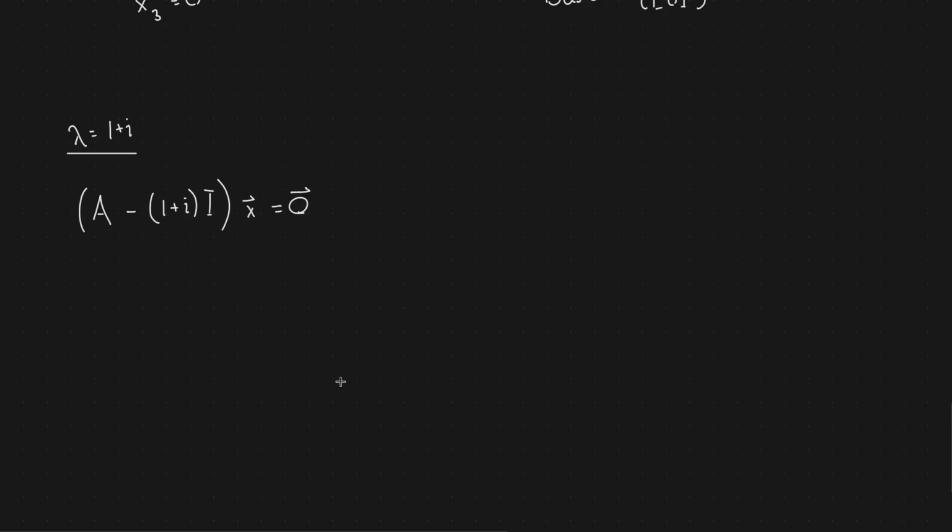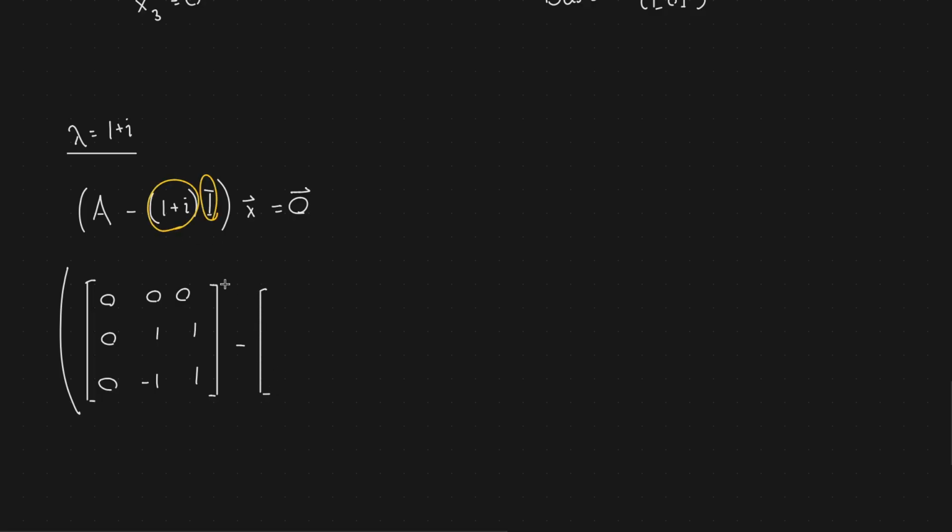So matrix A is the matrix 0, 0, 0, 0, 1, 1, 0, negative 1, 1. And then scalar times I, we'll just have that scalar down the main diagonal.